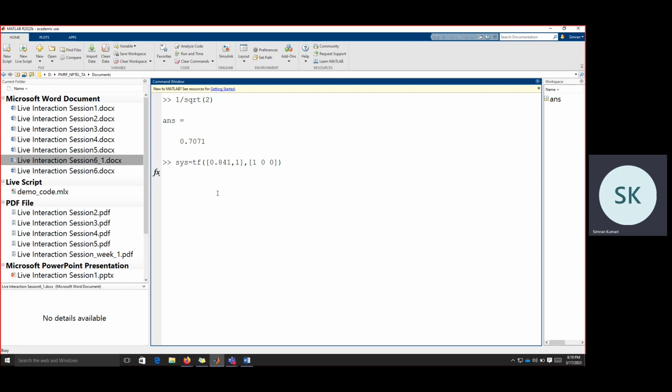So this is the system. Now what we have to do is find the Bode plot of this system. So, bode.